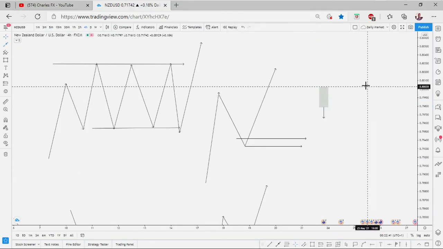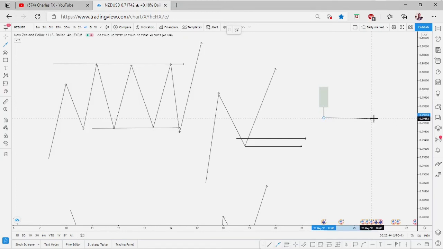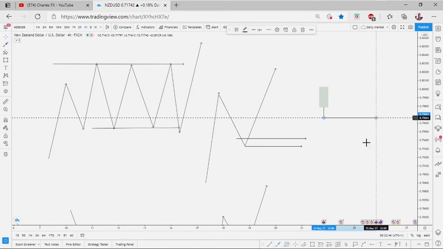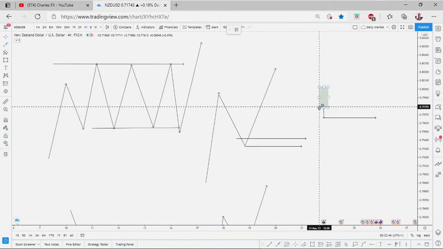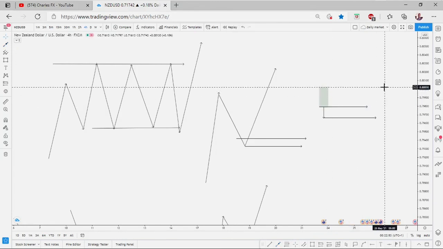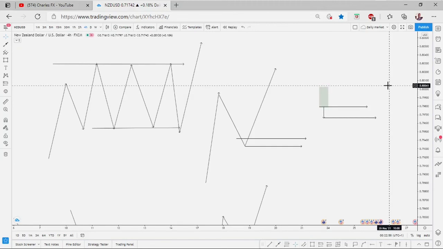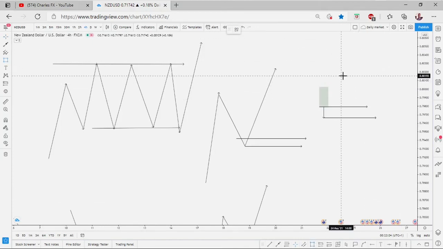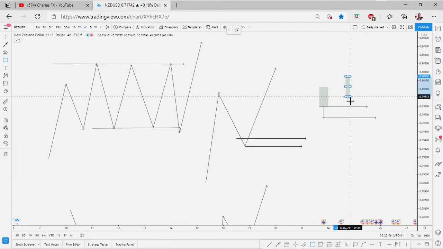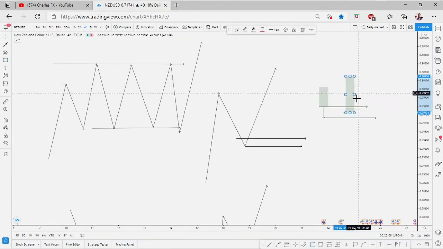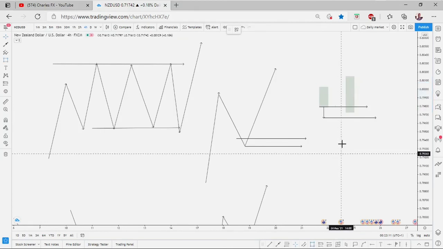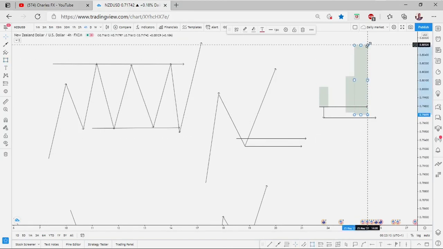So some people might use the wick here to mark their structural low, or some people might use the body to mark their structural low. It depends, guys. But for me, I prefer to use the wick of the candle to mark my structural low rather than the body. Because one thing I've noticed is that when it comes to structural break, the market can close below the body, but still bounce back and start going up.